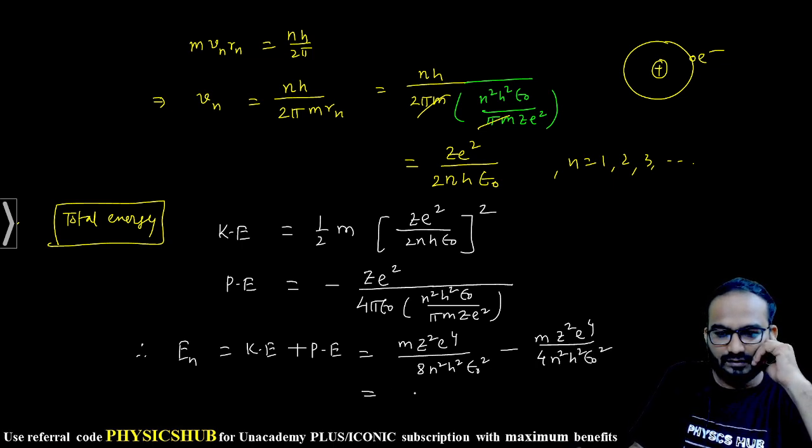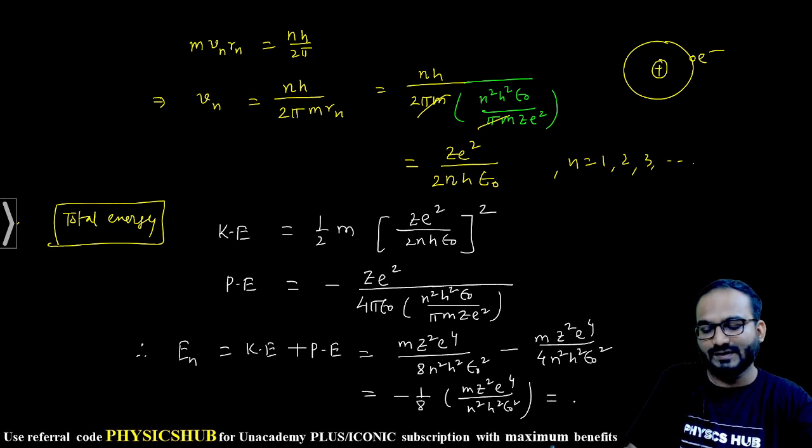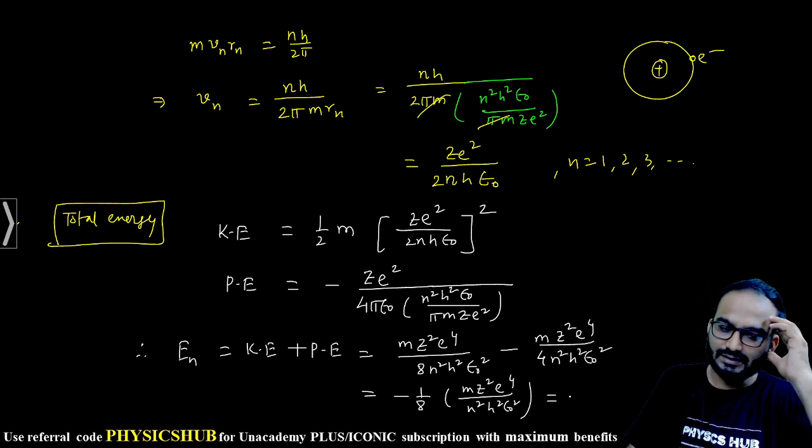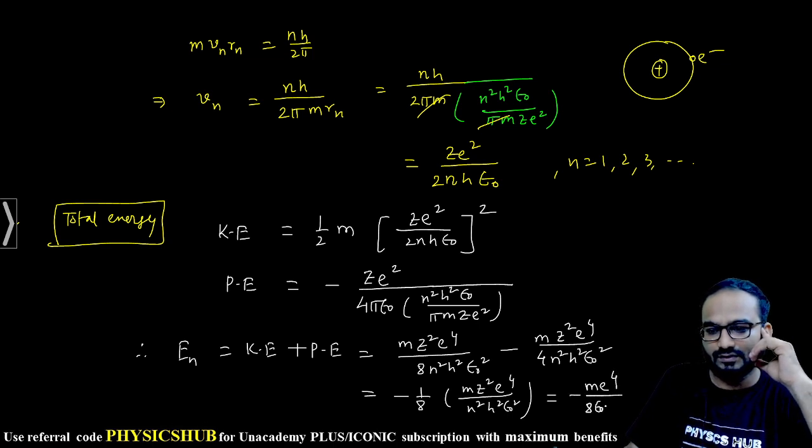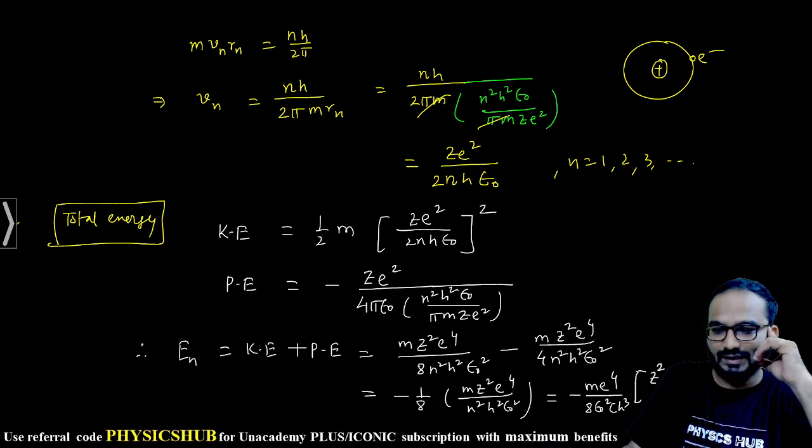So this will finally give you minus 1 by 8 times m Z² e⁴ divided by n² h² ε₀². Okay, so you can express it in terms of the Rydberg constant, that is minus m e⁴ divided by 8 ε₀² c h³ c, into Z² hc divided by n².